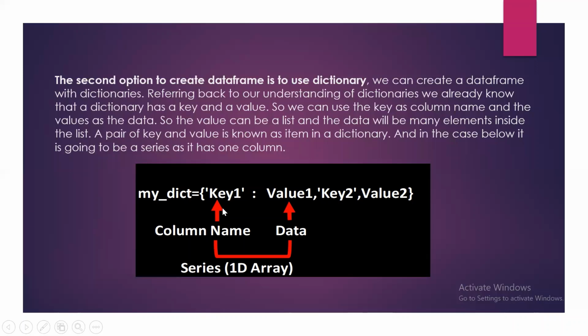The key reflects the column name or feature, and the value of that respective key reflects the data which should be contained in the respective column. And in this way, we can create a one-dimensional array or a series.